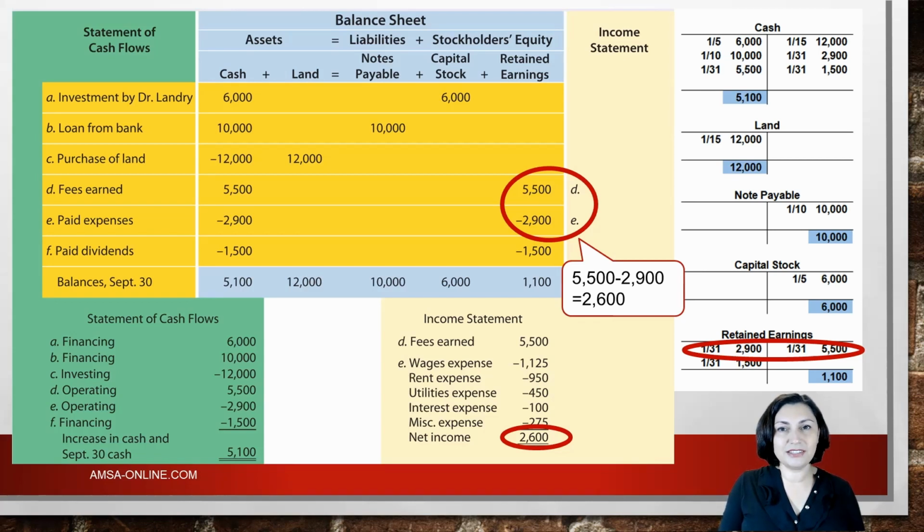In our case, net income is $2,600, which is the difference between $5,500 revenue and $2,900 expenses. You can see revenue and expenses in the retained earnings section and the retained earnings ledger or T account.